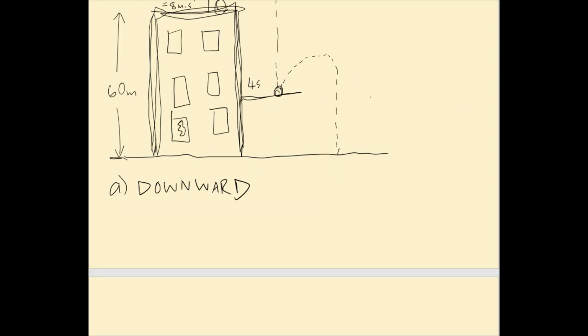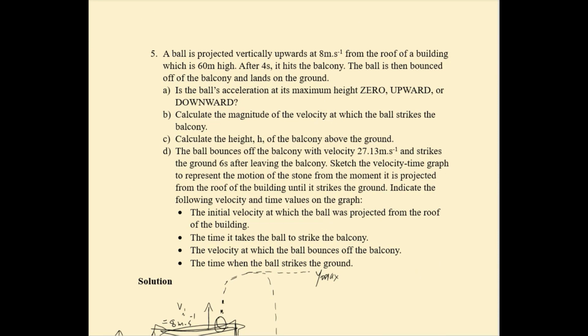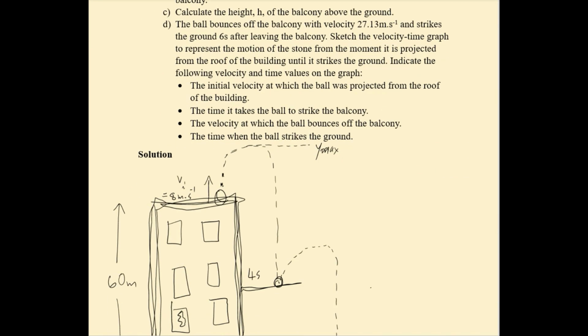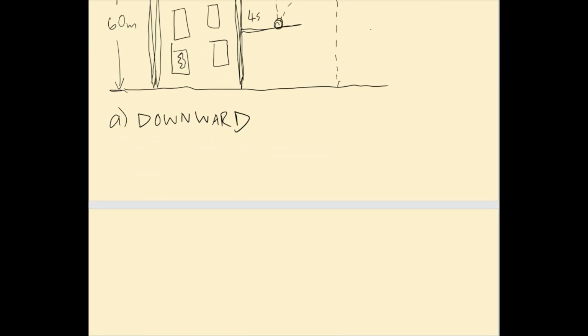Okay, let's look at question B. Calculate the magnitude of the velocity at which the ball strikes the balcony. Okay, so we want final velocity. We know final velocity is equal to initial velocity plus acceleration times time.